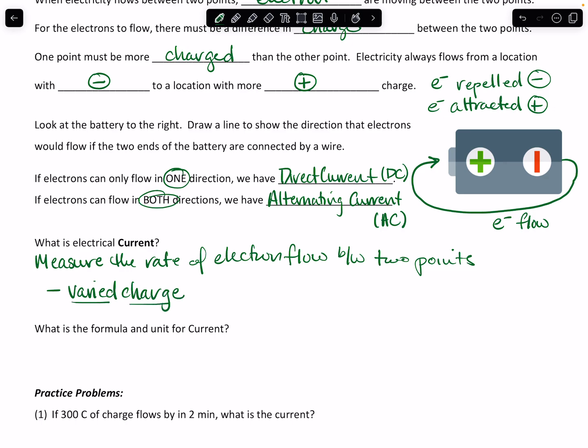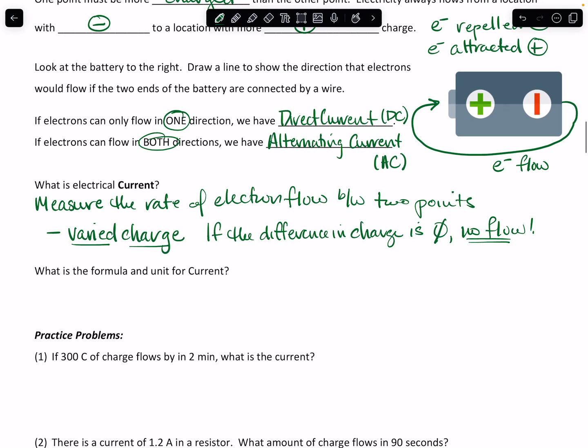If we can measure the rate at which those electrons are moving between those 2 points, we have the current. If the difference in charge is 0, no flow. Just keep that in mind: you have to have a difference in charge.